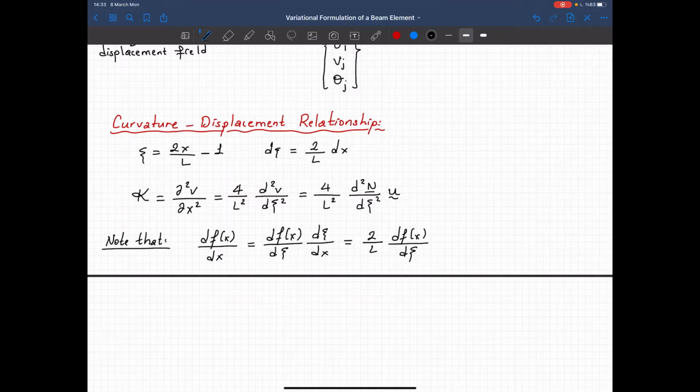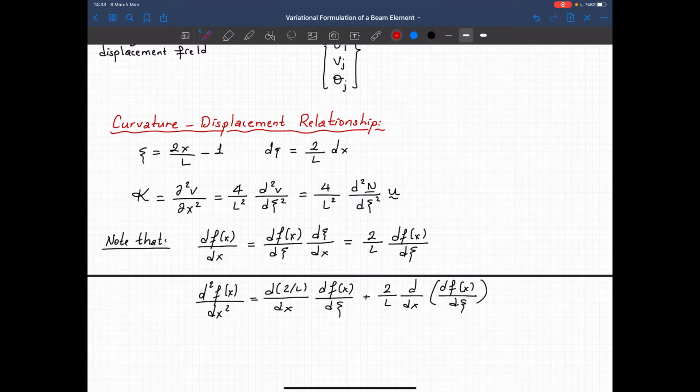I'm taking the derivative of it one more time. D squared f of x over dx squared is equal to, now taking the derivative of this expression, d of 2 over L dx times df of x d psi plus 2 over L d over dx df of x d psi.